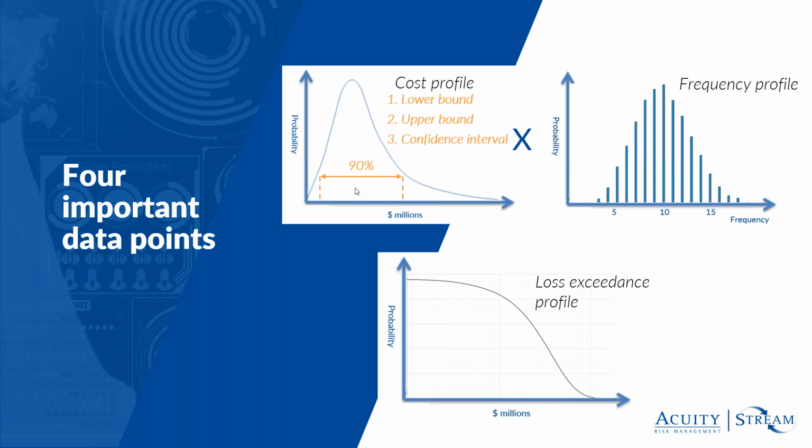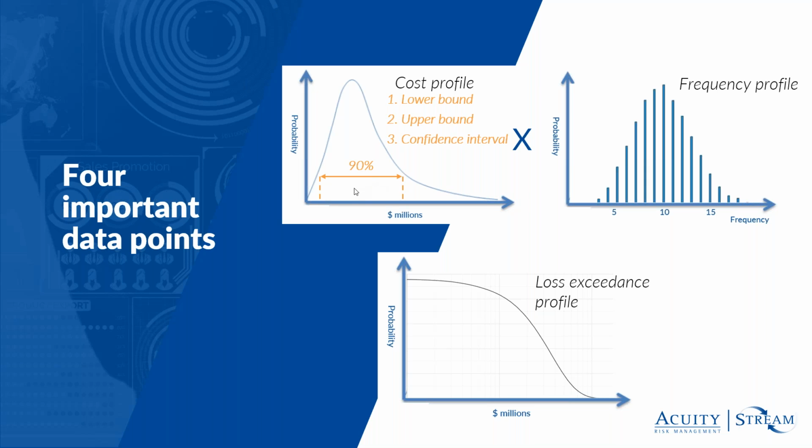So if we're to say that we think the cost of a ransomware attack, I think I saw today someone quoting that the potential cost of a ransomware attack was about 70 million. So let's say that we think the cost was between 40 and 100 million, for example, with a 90% probability.